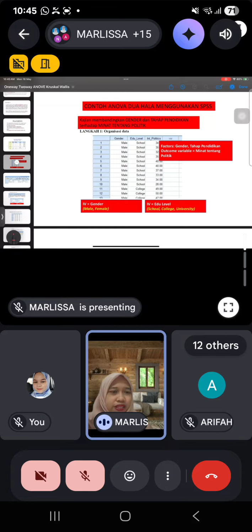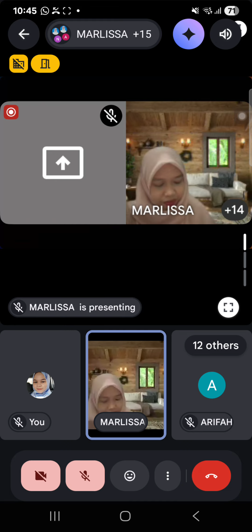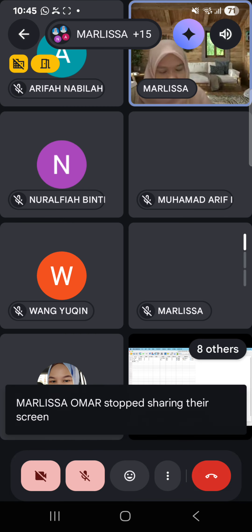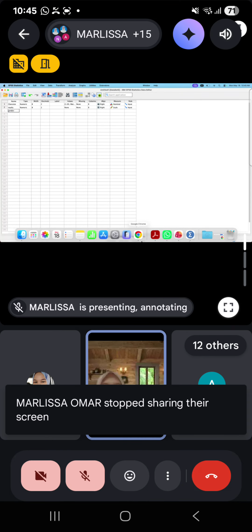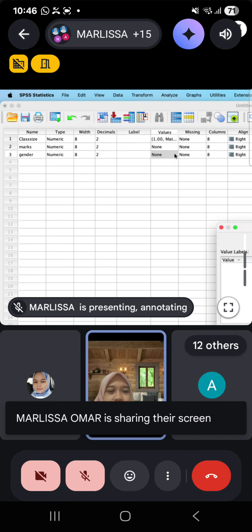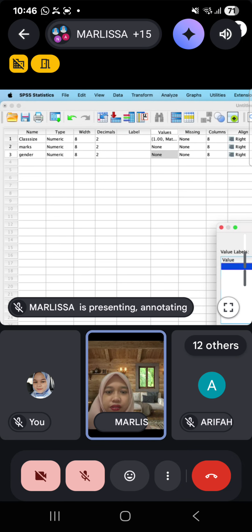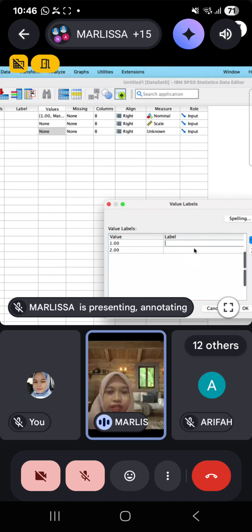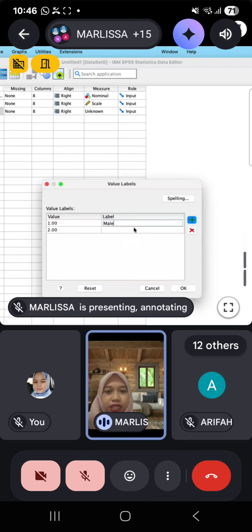Let's put gender here. I will put 1 and 2, and the label will be 1 is male, 2 is female.